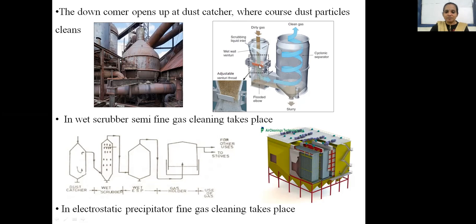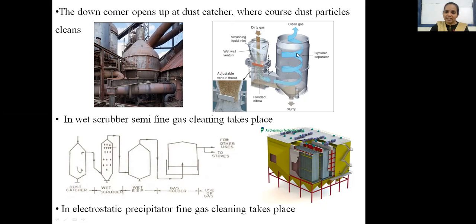Here you can see the picture of the wet scrubber. Gases are moving in an upward direction, and it is covered with the perforated wooden plates. From the top, water is sprayed, as you can see in this picture.